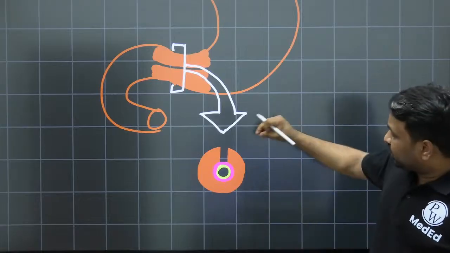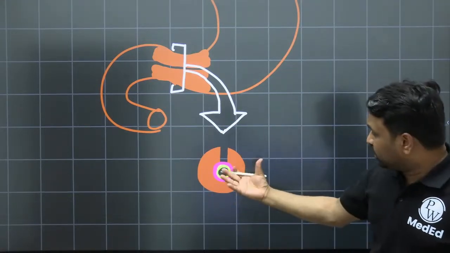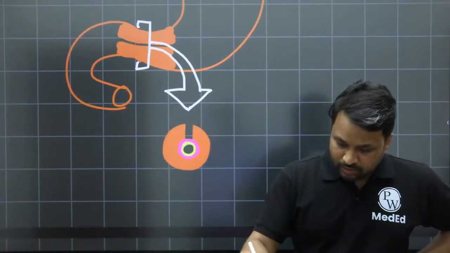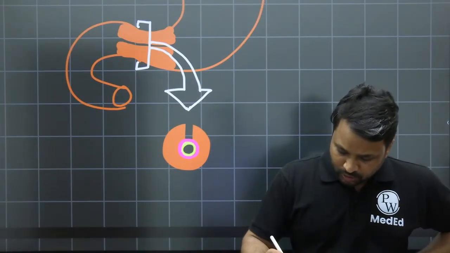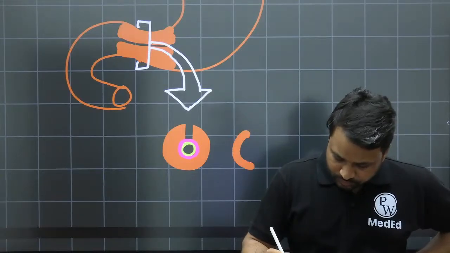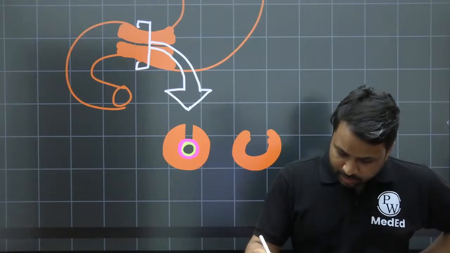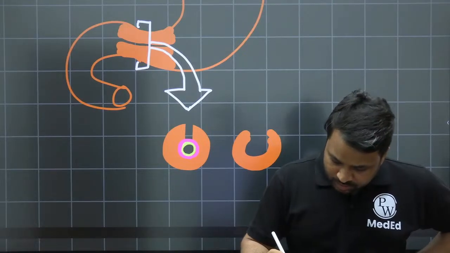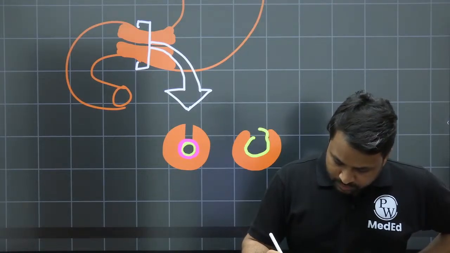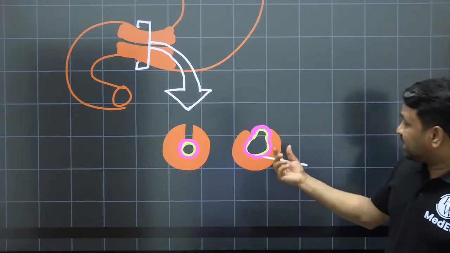Now, the minute you excise this circular muscle, you're allowing the lumen to expand. As you allow the lumen to expand, because you have opened up the circular muscles, it has become like this. See, the bulk is still the same, but it allows the inner lumen to expand, including the submucosa. So it is creating more space.